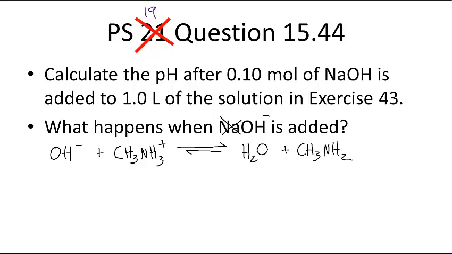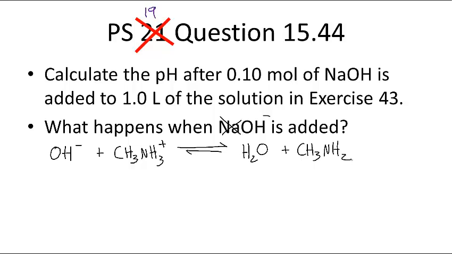Remember last time, what we said was the role of the weak acid in a buffer is to react with any base that you add. So this is the reaction that's happening. Now, does this reaction happen a little bit, or a lot?